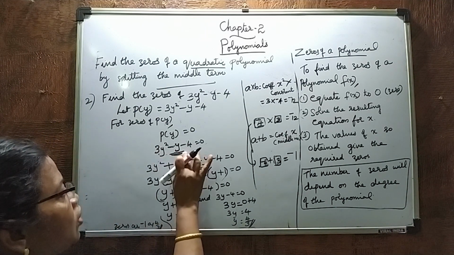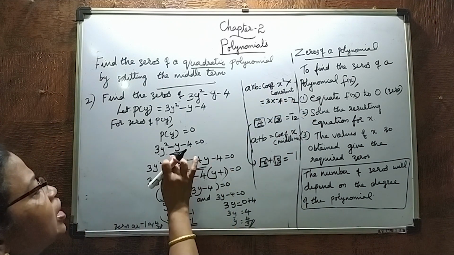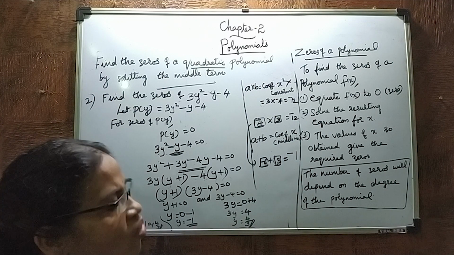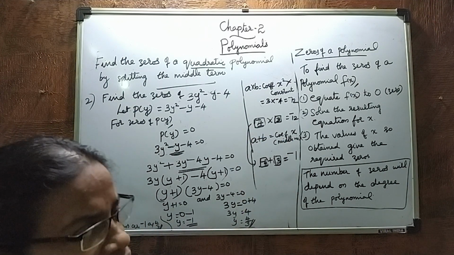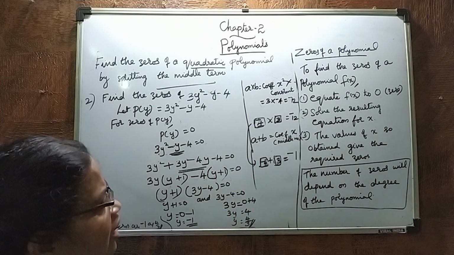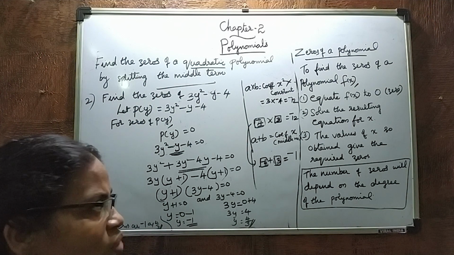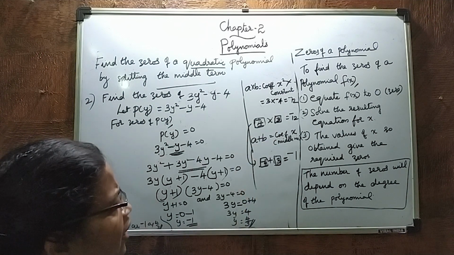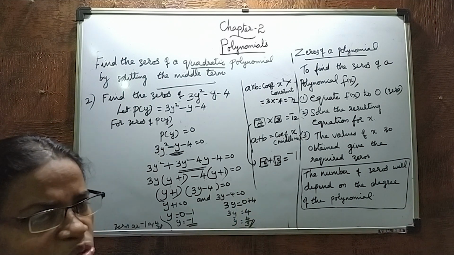So 3 into -4, you will get the answer -12, and a plus b you have to take as -1. So you have to find two numbers which multiply to give -12 and add to give -1. So -4 into 3 is -12, -4 plus 3 is -1.